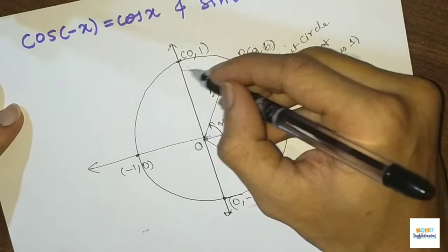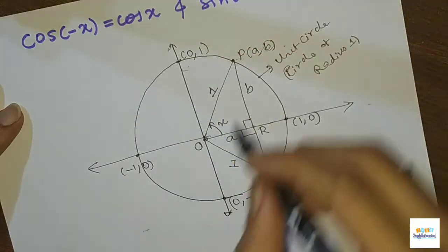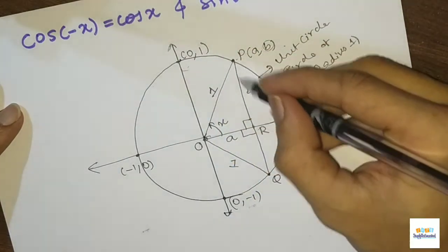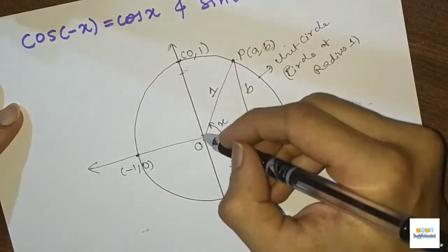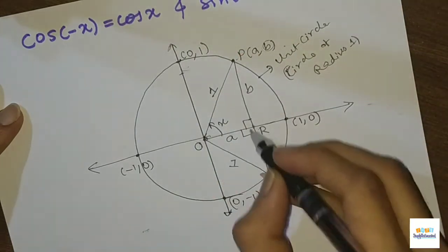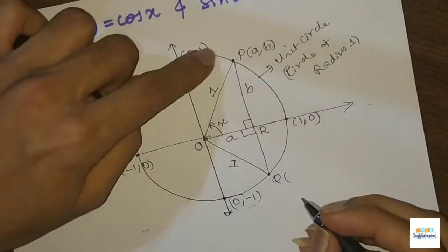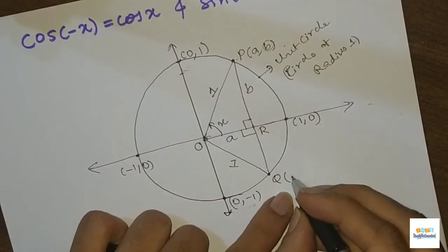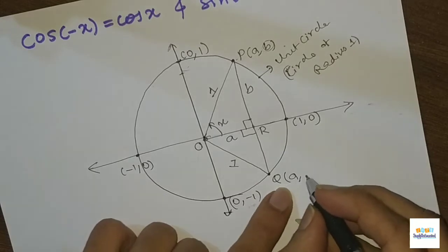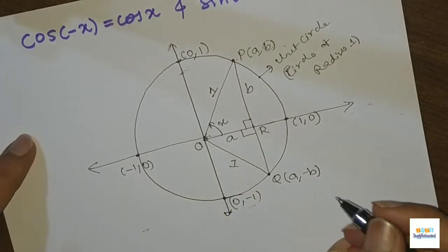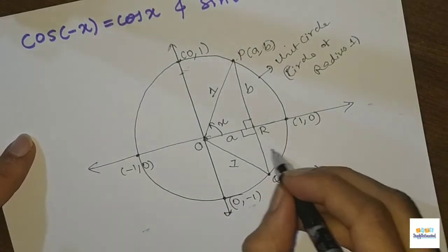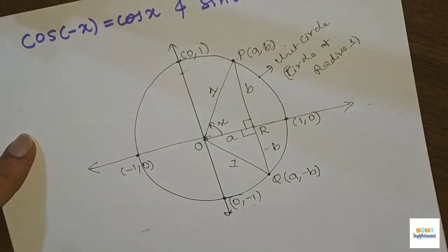So this will be B, this will be A. Similarly, since this point is the mirror image of the point P, A comma B, this will be Q, A comma minus B. So this side RQ will be minus B.